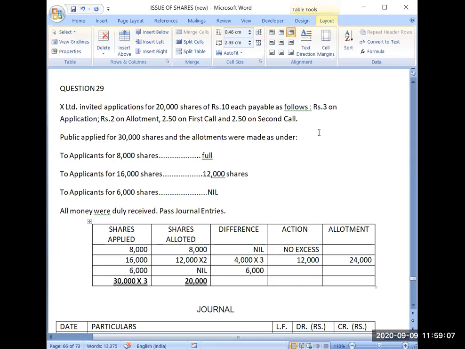So because the question is not clearing how to use the excess application money, where I can use the excess application money, yes, I can use this excess application money 12,000 only on allotment. Only on allotment. First thing. Second thing. Yes, this point is clear. First tell me, this point is clear.